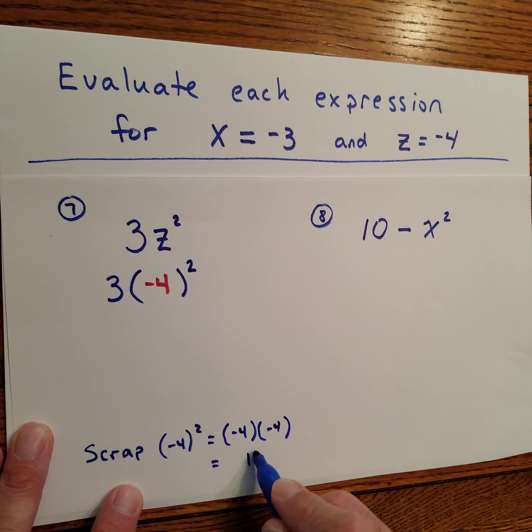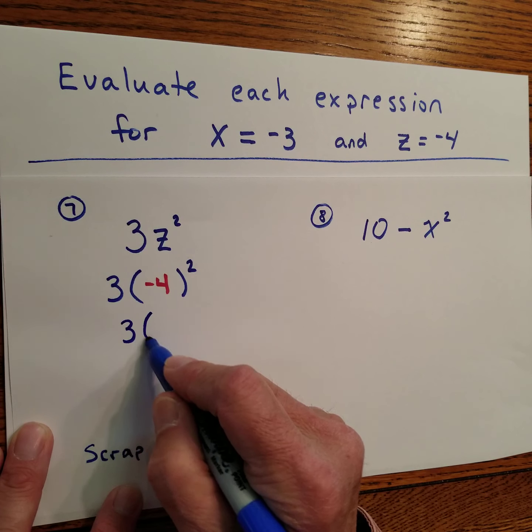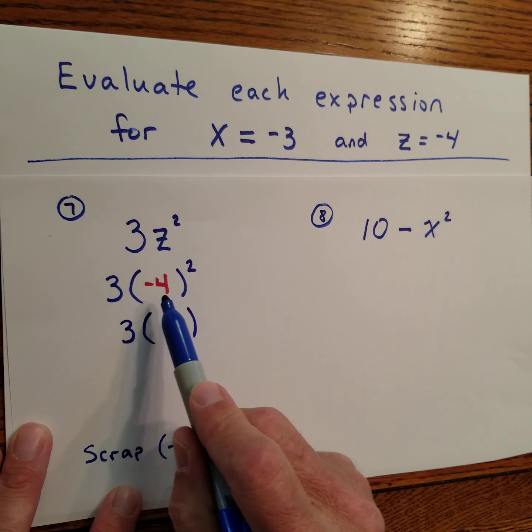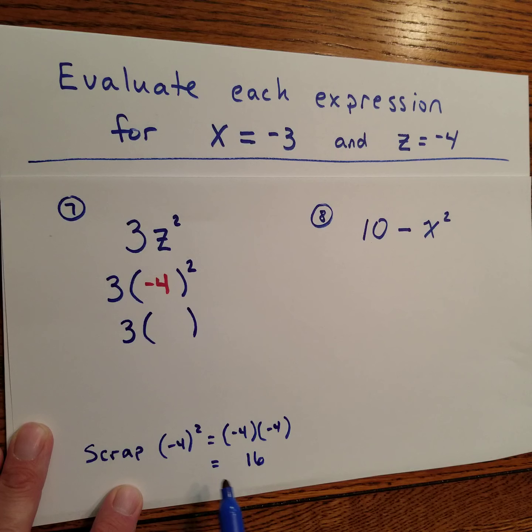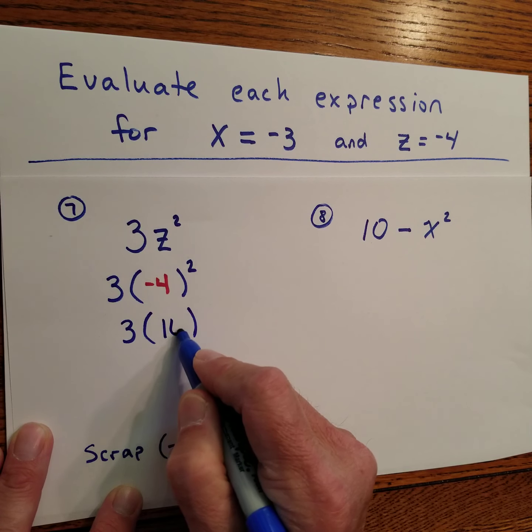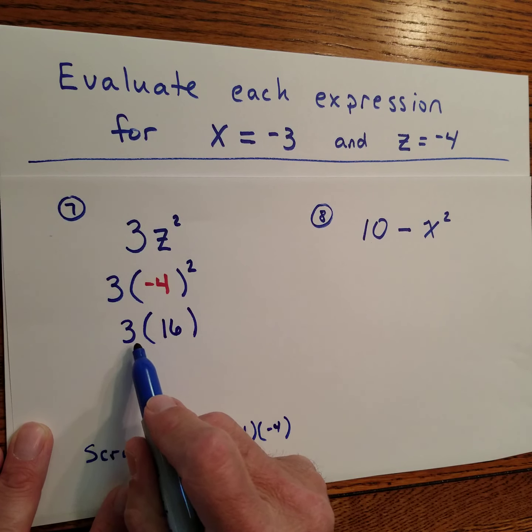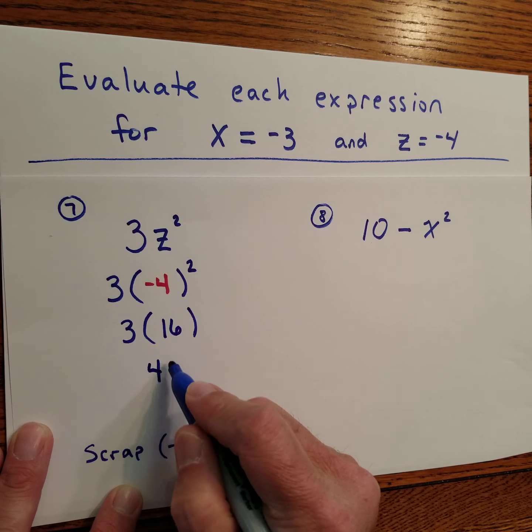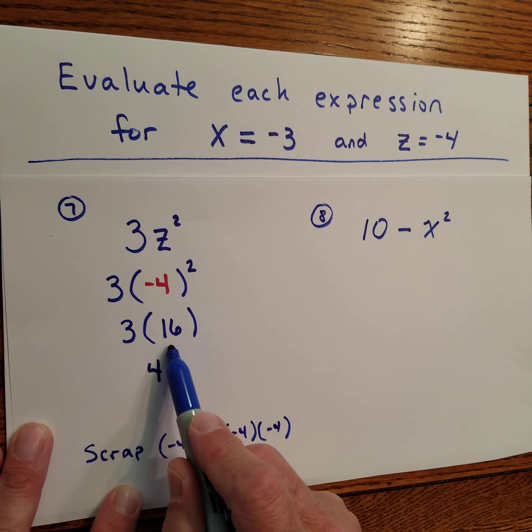That's 4 times 4 is 16, and a negative times a negative is a positive. So I've got 3 times -4 squared. -4 squared is positive 16. Now 3 times 16 is 48.